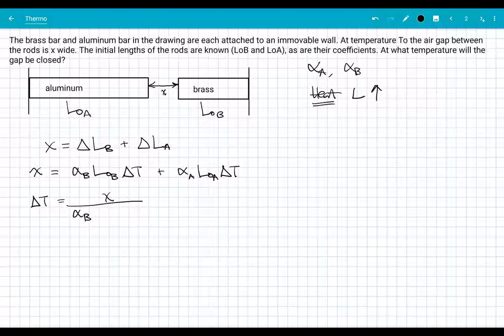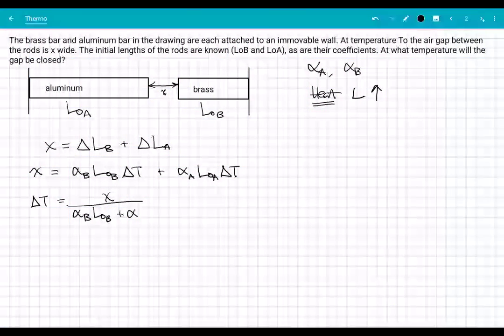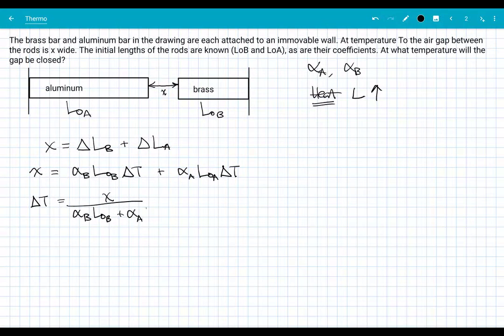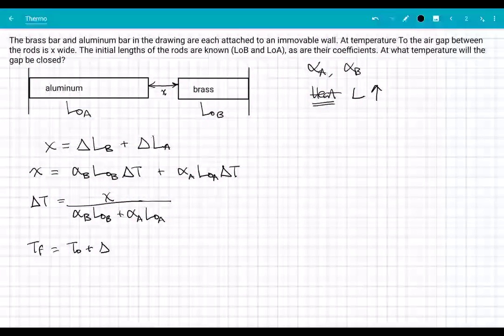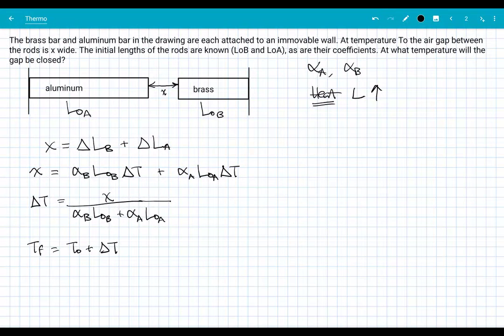these two terms, alpha brass times initial length of brass, plus alpha aluminum times initial length of aluminum. And T final is, of course, T initial plus whatever the change is. In this case, the change happens to be positive, so we have the expectation that this is all going to be positive in here.